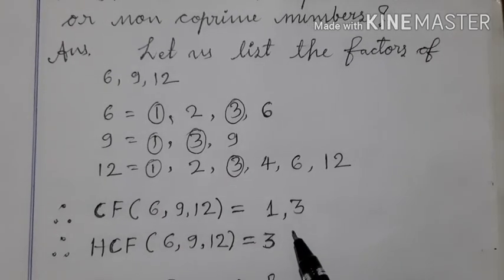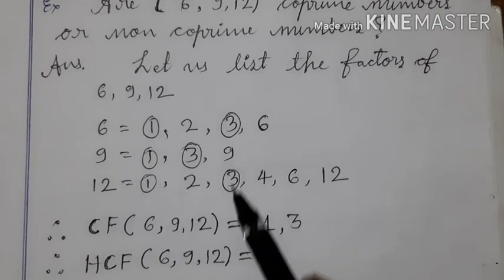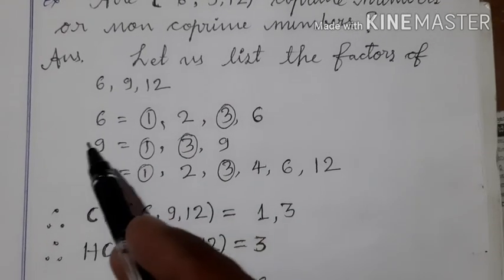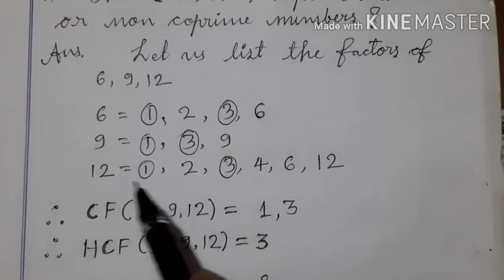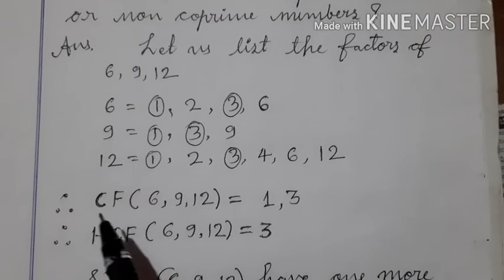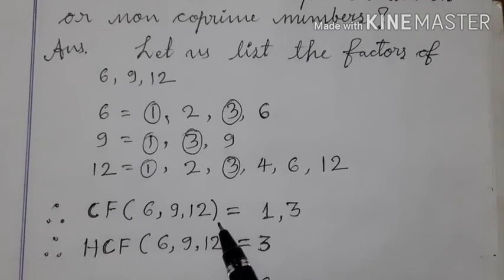Therefore, 1 is the common factor of 6, 9, 12. And also, 3 is a factor of 6, 9 and 12 also. Therefore, children, 3 is one more common factor of 6, 9, 12.